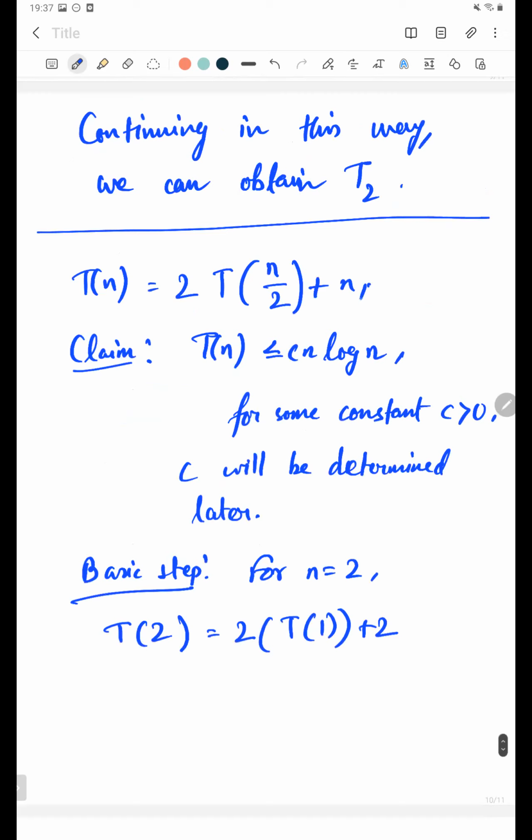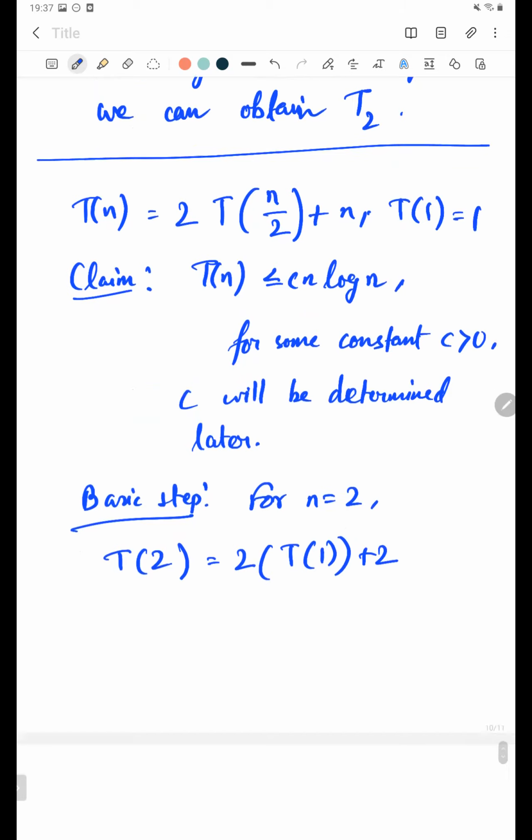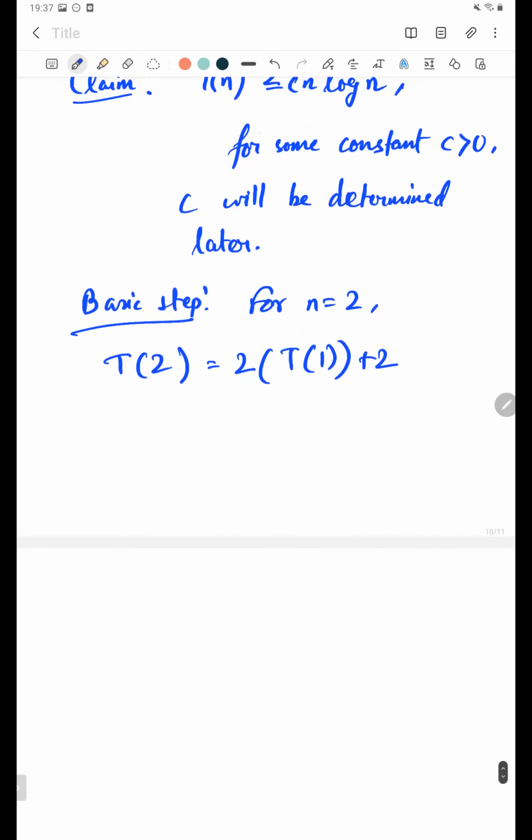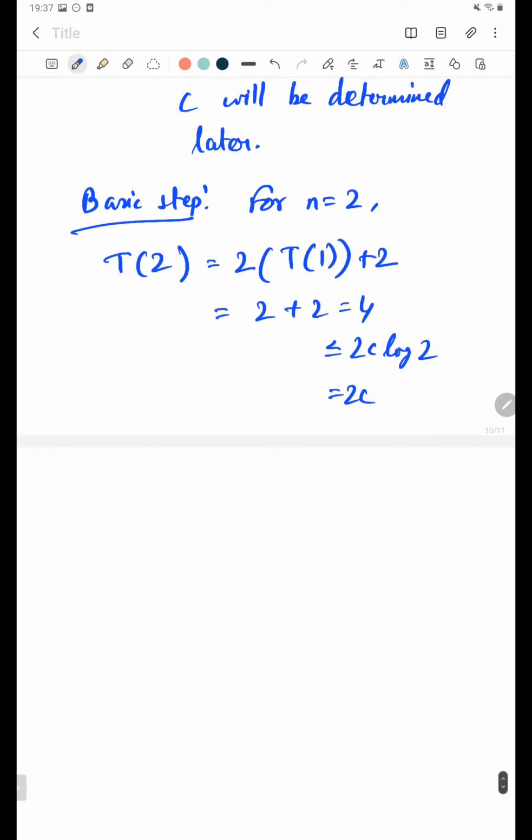So let's assume T1 to be equal to 1, say. In that case, we will have this, and this equals 2 plus 2, that is 4. And that is less than or equal to 2C log 2, which is equal to 2C. So this is true for n equal to 2.